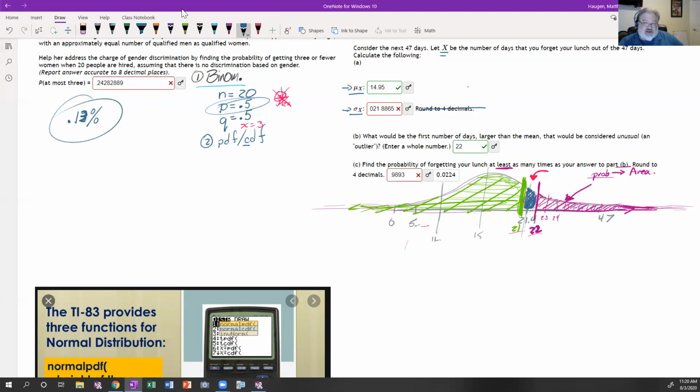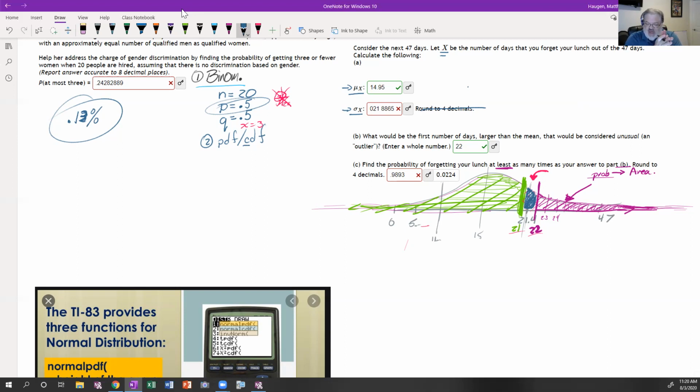Now, once we get into chapter 7 and we start talking about a continuous variable, there's not going to be that empty space in between. So 21 and 22 are going to kind of meld together, and we won't be asking whether we're talking about the one less or the one more, because they'll essentially be the same value. So be careful.